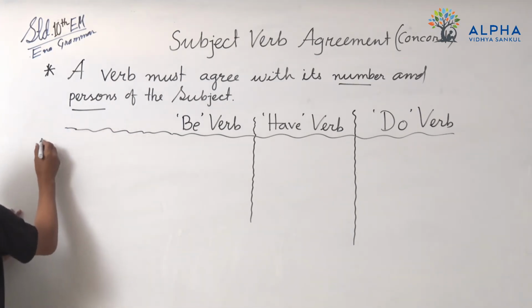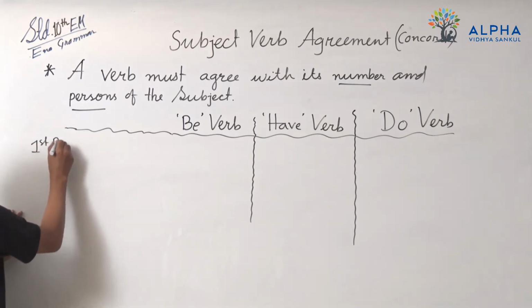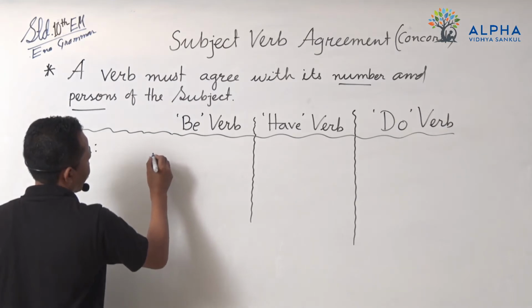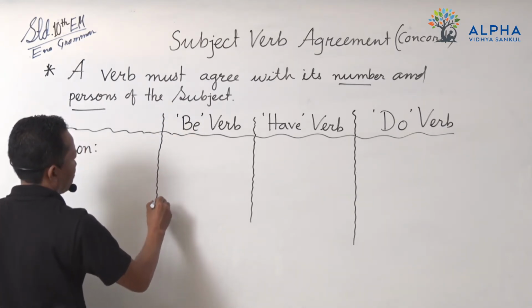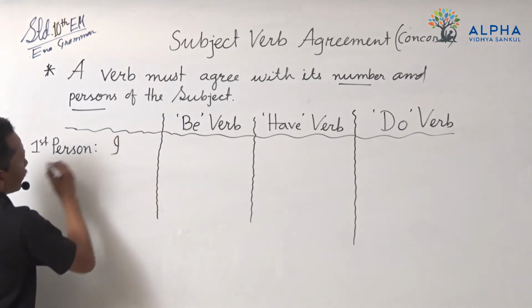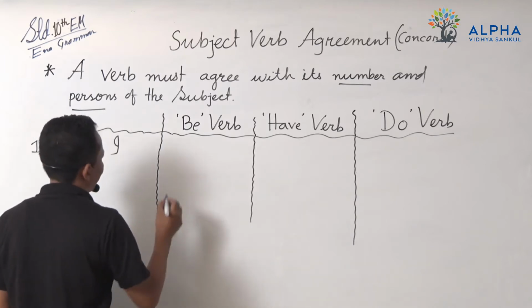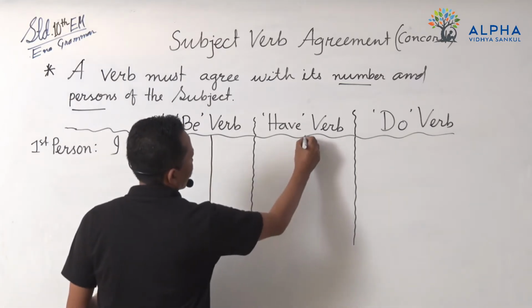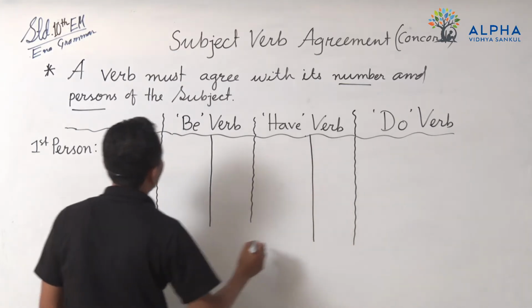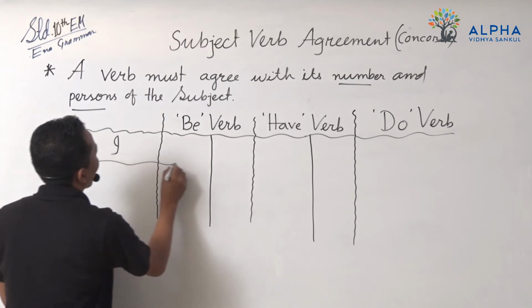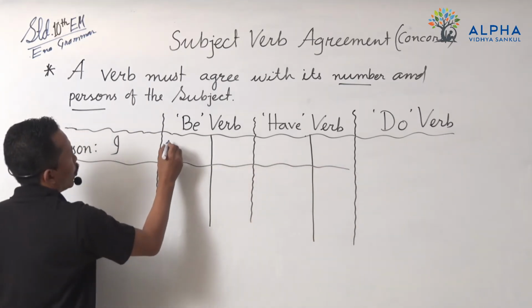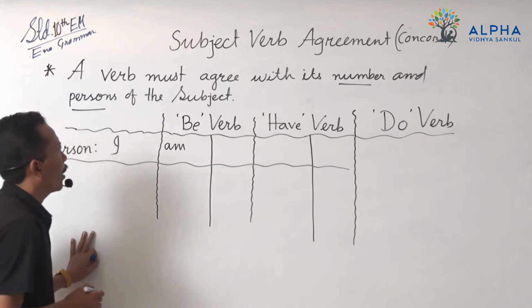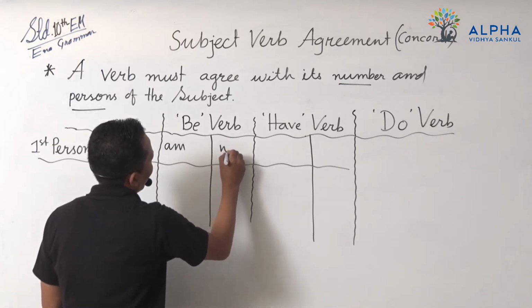And the first one I want to write is first person. Students, for the first person, I. For the be verb we can use here am, and for the past was.